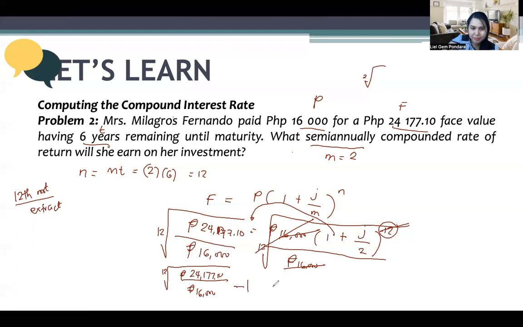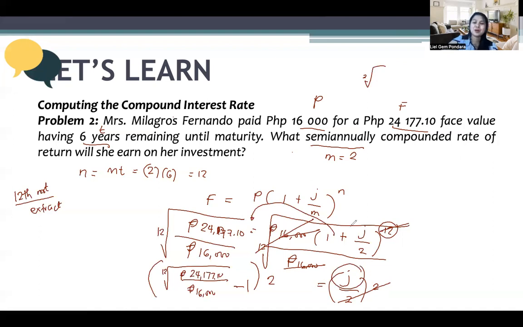Okay. We still have J over 2. What will you do next? Times 2. Okay, you multiply all in the left hand side by 2. So that your right hand side will only have J left.